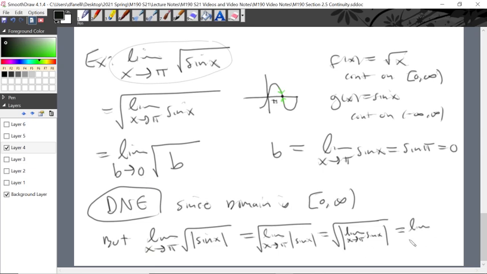So this is going to give us the limit of b approaching 0 from above automatically, because absolute value will not output a negative quantity. So this will give us the limit as b approaches 0 from above of the square root of b. So we started with a two-sided limit, but because of the absolute value in here, it transformed it into a one-sided limit approaching from the side where this limit itself would actually exist.